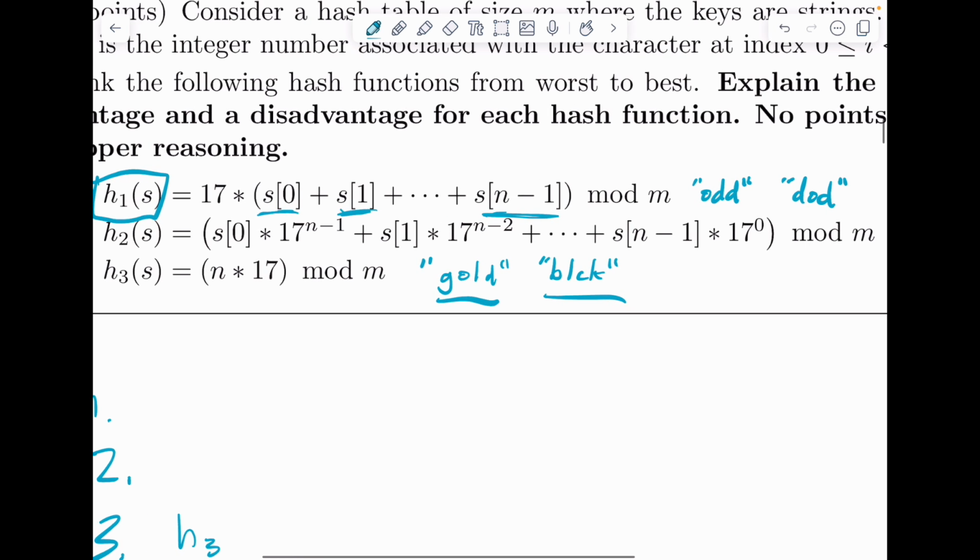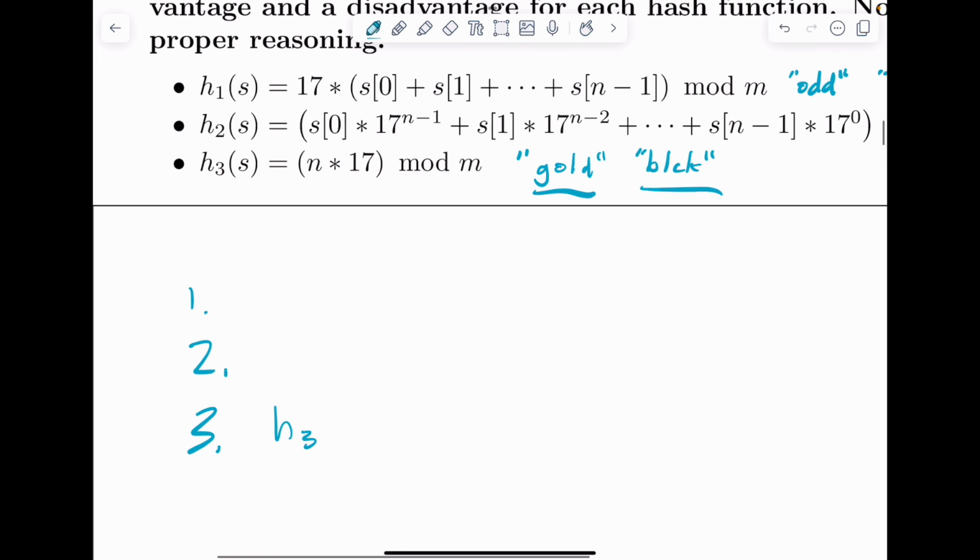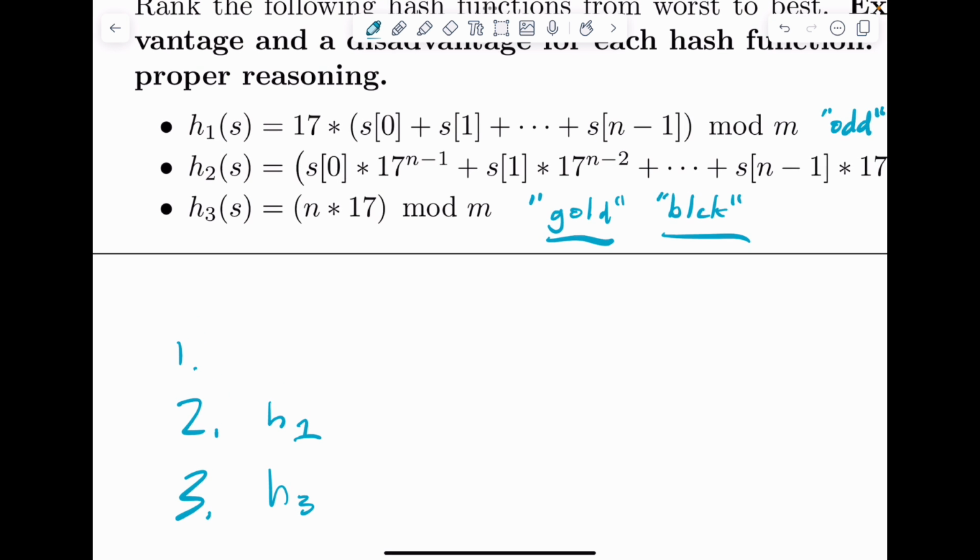So according to h sub 1, these are both going to be placed at the same index, they're going to collide when you put them in the hash table. So that's also not too good, but it's certainly better than h sub 3. So we're probably going to put this in second place, h sub 1. Now, actually, that's a crappy 1. That kind of looks like a 2. Let's do that. Can I write, please? There we go. All right.